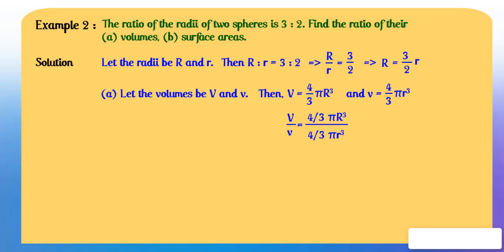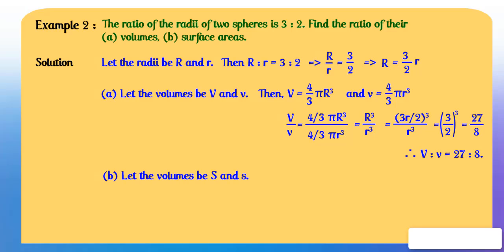Capital V by small v is equal to 4 by 3 pi capital R cube by 4 by 3 pi small r cube, which is equal to capital R cube by small r cube, which is equal to (3 by 2 small r) cube divided by small r cube, which is equal to (3 by 2) whole cube, which is equal to 27 by 8. Therefore, capital V is to small v is equal to 27:8.